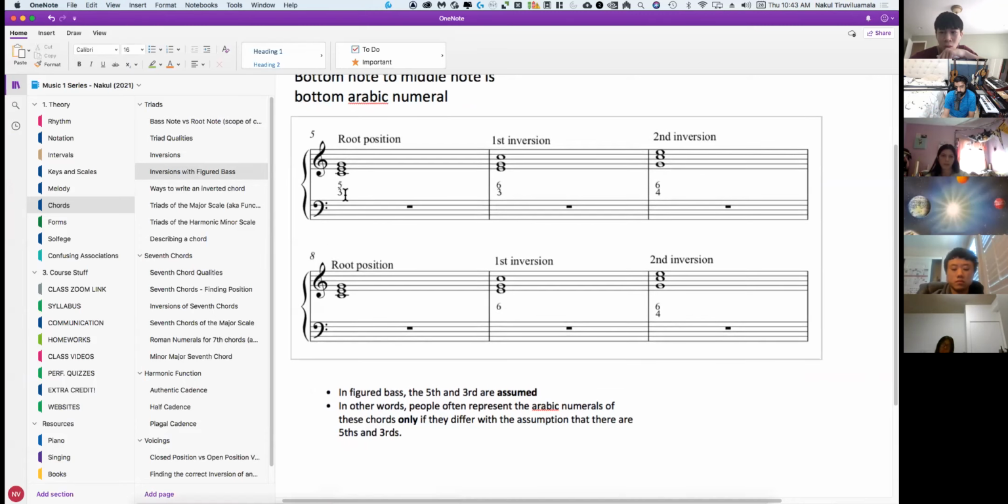So look at this, 5-3, right? The 5th and 3rd are assumed, so you don't have to include them. Here, 6-3, you assume that the bottom one is a 3rd, so you just don't include it. Here, second inversion, you see a 6th on the outside and a 4th on the inside. Both of those differ from the assumption that there's a 5th and a 3rd, so you have to explicitly write out both of them.